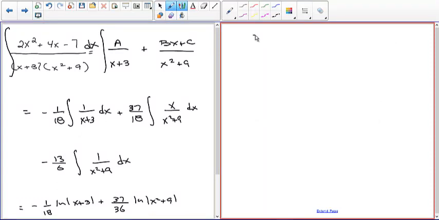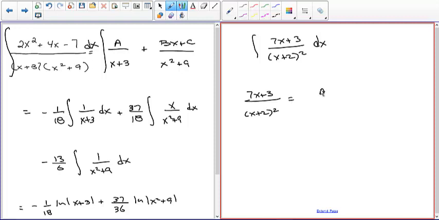So we have 7x plus 3 divided by x plus 2 quantity squared. Now that I've factored the denominator, we're going to use partial fractions to rewrite this, and you have a over x plus 2 plus b over x plus 2 quantity squared.